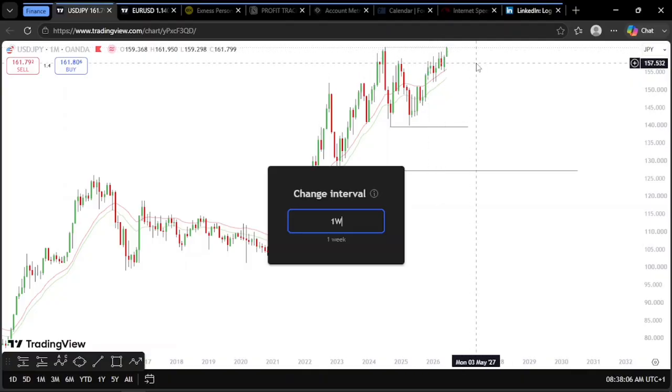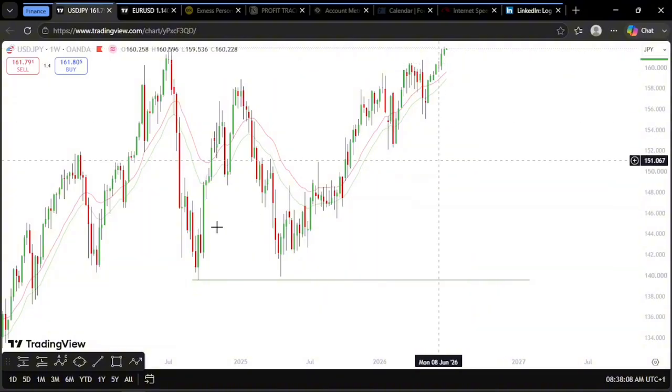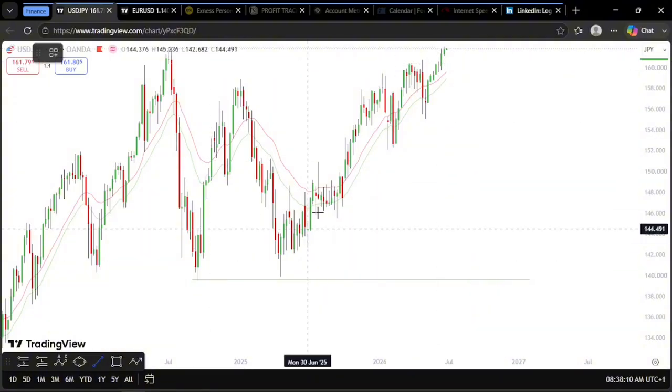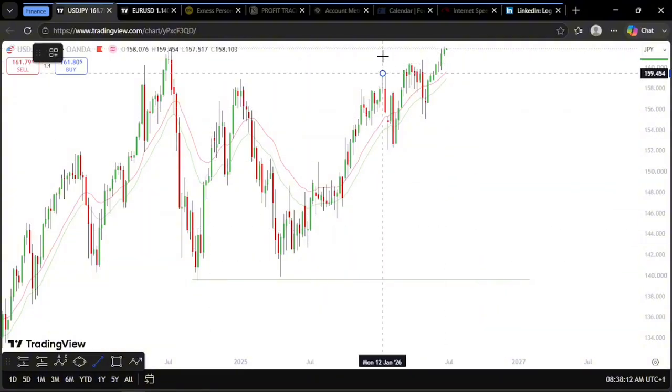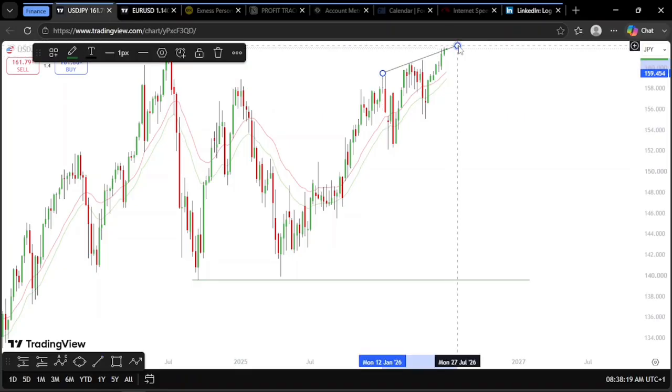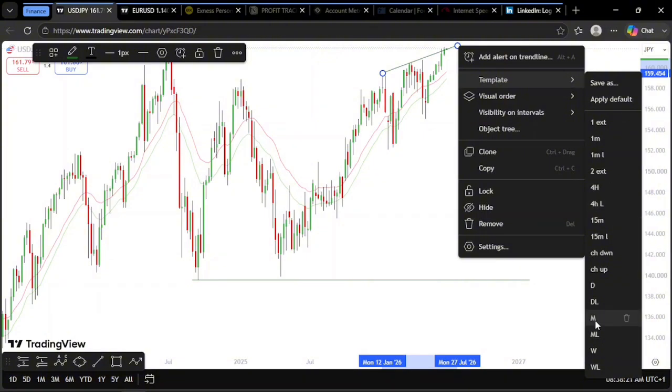So let's go to the weekly time frame. Don't forget, I said our bias on this pair is bearish, so we are looking for a bearish trade. As you can see, we have this consolidation pattern on the weekly time frame.